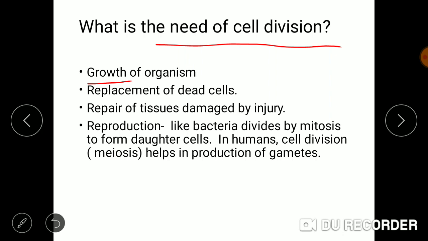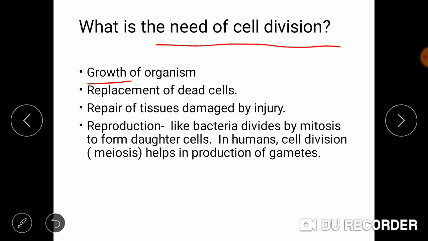Cell division occurs and that region is recovered by the new cells formed as a result of cell division.